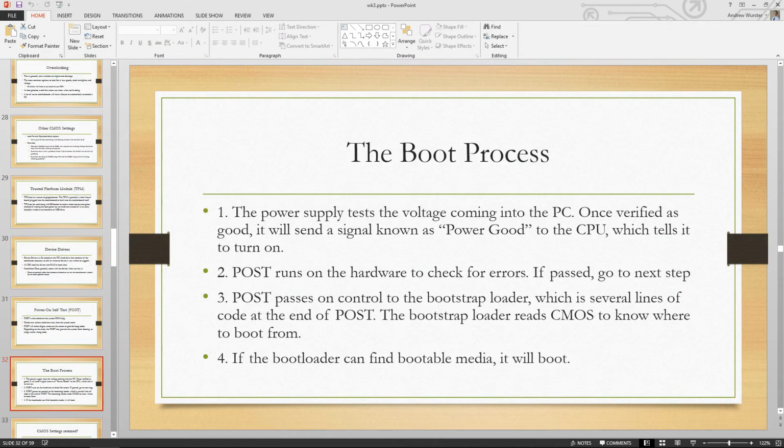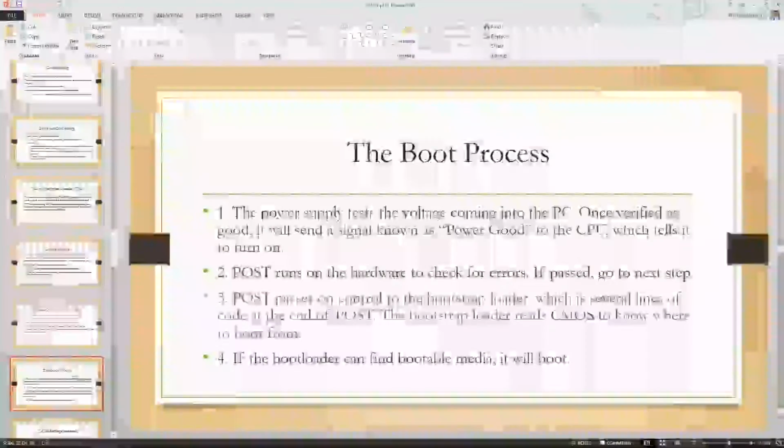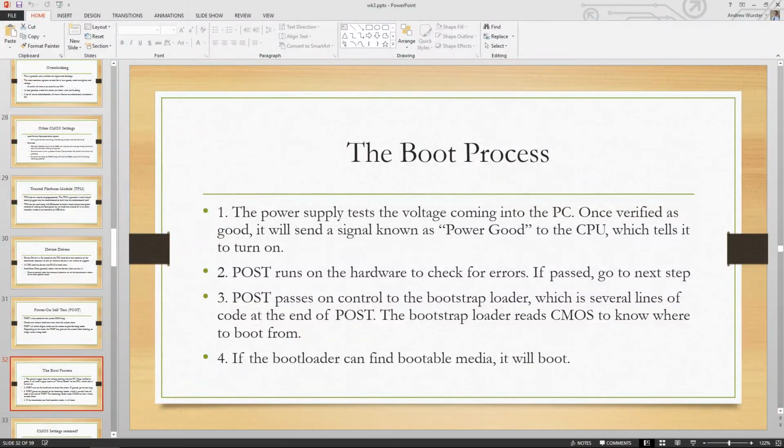So it passes it on to the bootstrap loader, and at that point POST is no longer involved. The bootloader takes over and loads the OS. Once it starts to load the OS, the bootloader is no longer involved. So as it moves down, each process gets left behind because it's no longer needed.